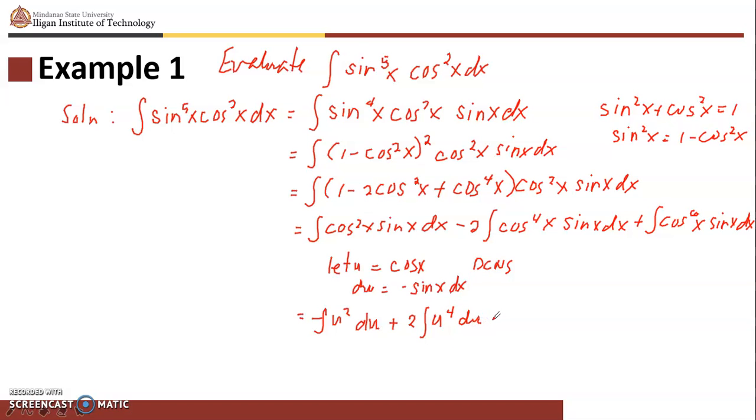And then plus this time cosine to the 6th x sine x dx. But because our du is supposed to be negative sine x dx, this should be replaced by a minus. So from here, this should be a minus.